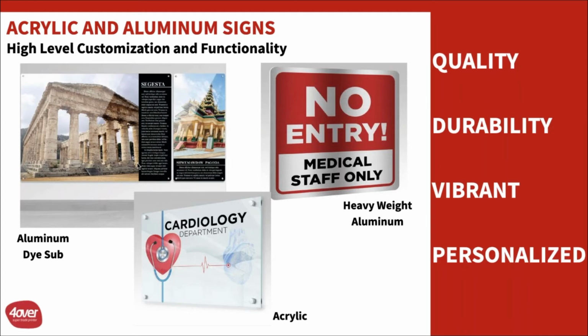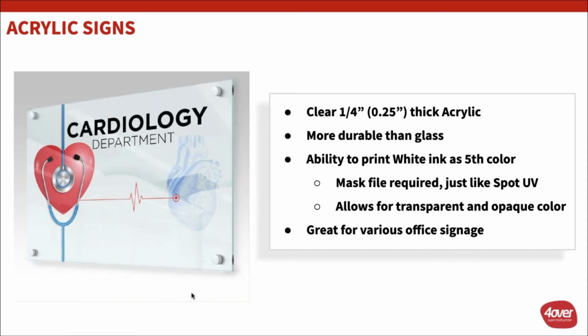These are very specific use cases. They fit very specific events sometimes, or types of projects that your customers want to accomplish. Heavyweight aluminum is primarily for outdoor, acrylic is for indoor, and the aluminum signage is more gallery work. So let's go through them a little bit here.